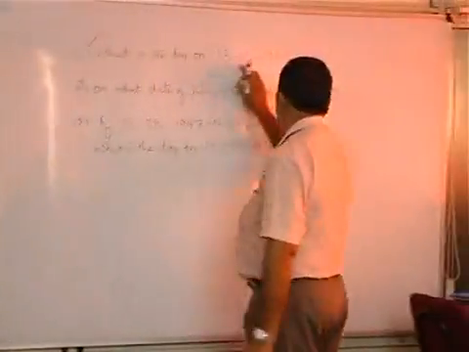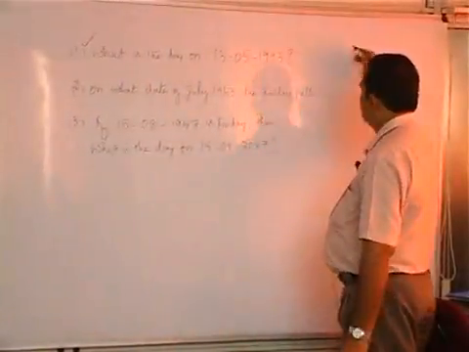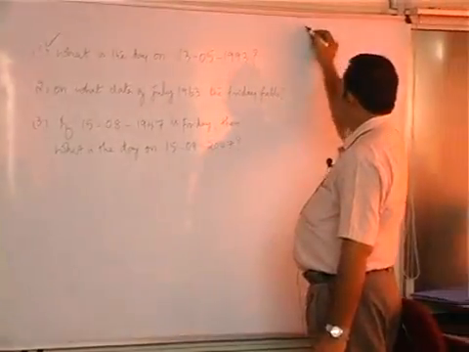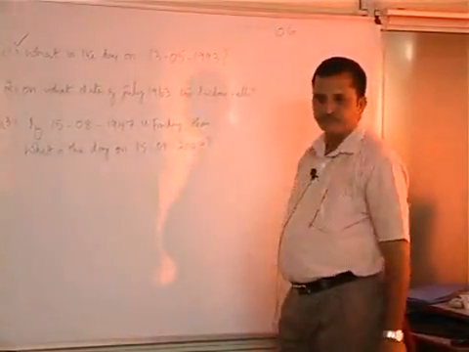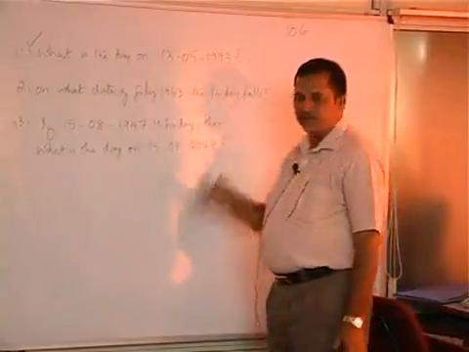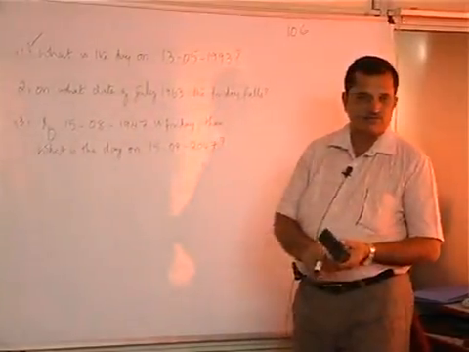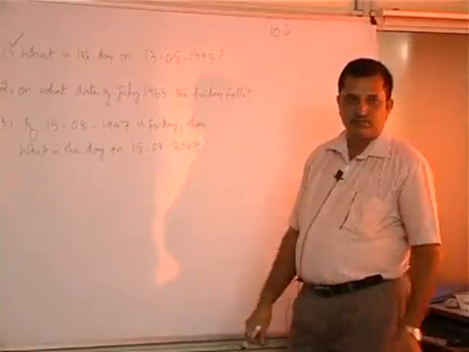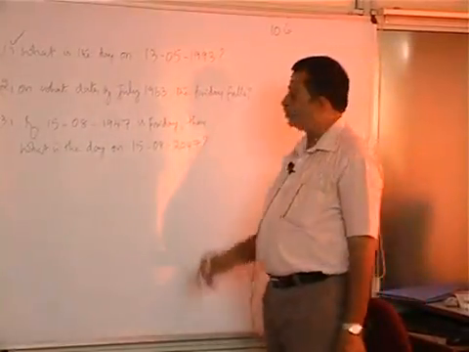Plus 93. How much? 3 plus 3, 6, 9 plus 1, 10, 106. 93 divided by 4, 23 fours are 92, so 23.